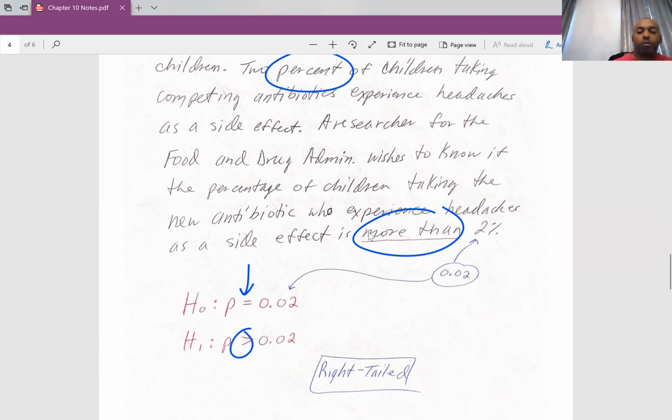So then what determines the symbol you would use in your alternative hypothesis is the wording. And we had more than, so that's why we use the greater than symbol. And because we use the greater than symbol, that means it's going to be right tail.